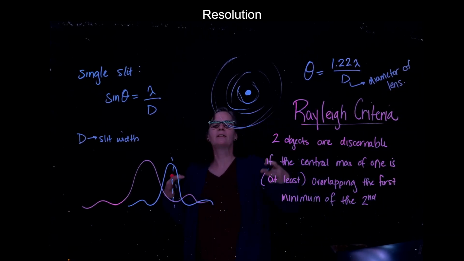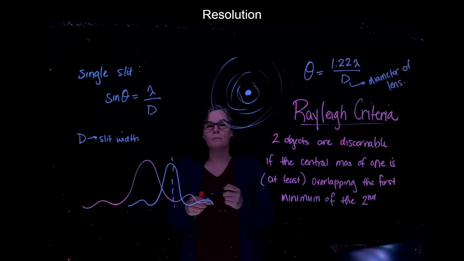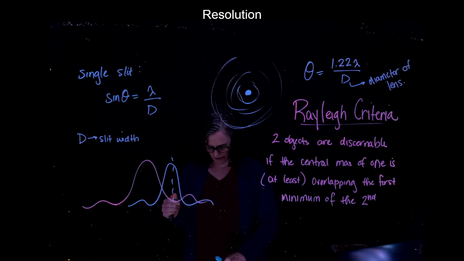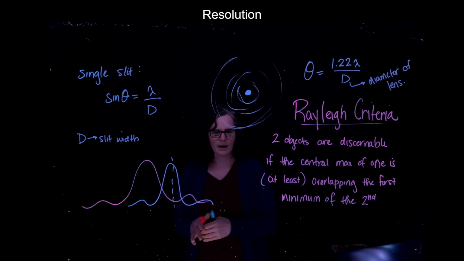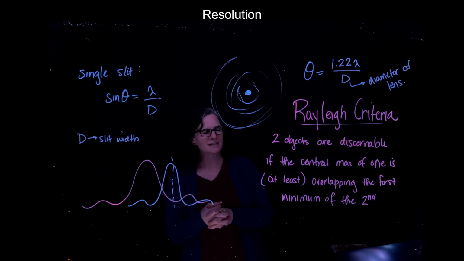This understanding becomes very important so that we can distinguish between celestial bodies or really tiny things in a microscope. It allows us to recognize whether something is one object with a diffraction pattern or two distinct objects very close together.